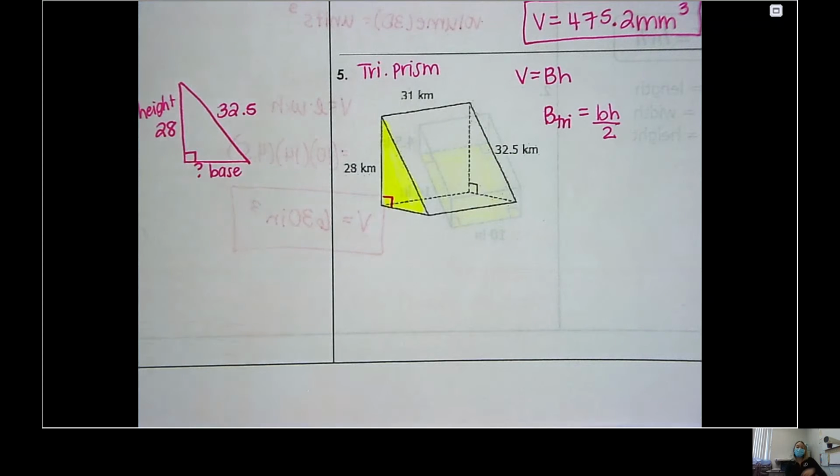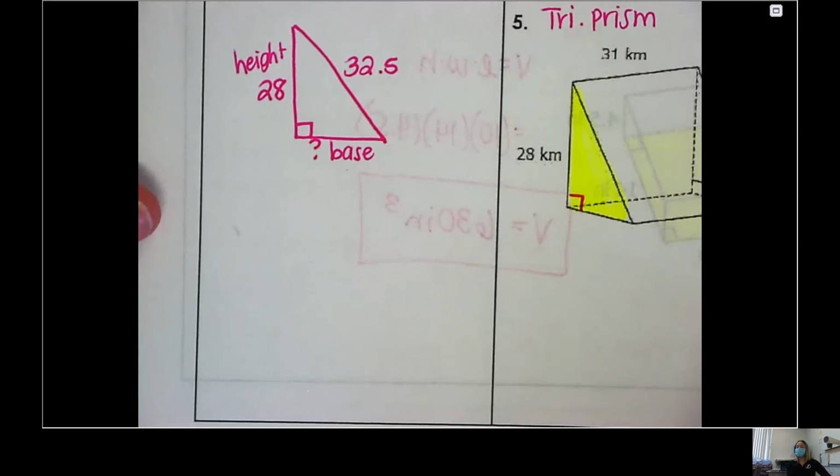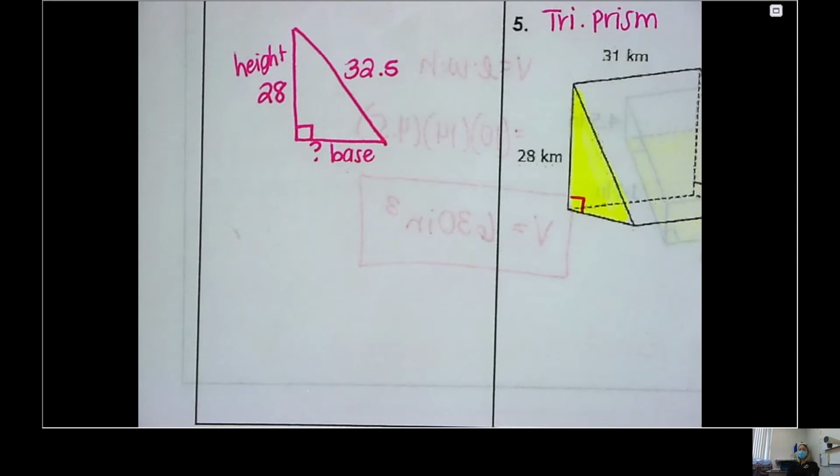Oh my gosh. So now, this is a right triangle. We know a theorem that helps me solve for the unknown side lengths of a right triangle. Do you remember what that theorem is? I'll give you a hint. I taught it to you first quarter.